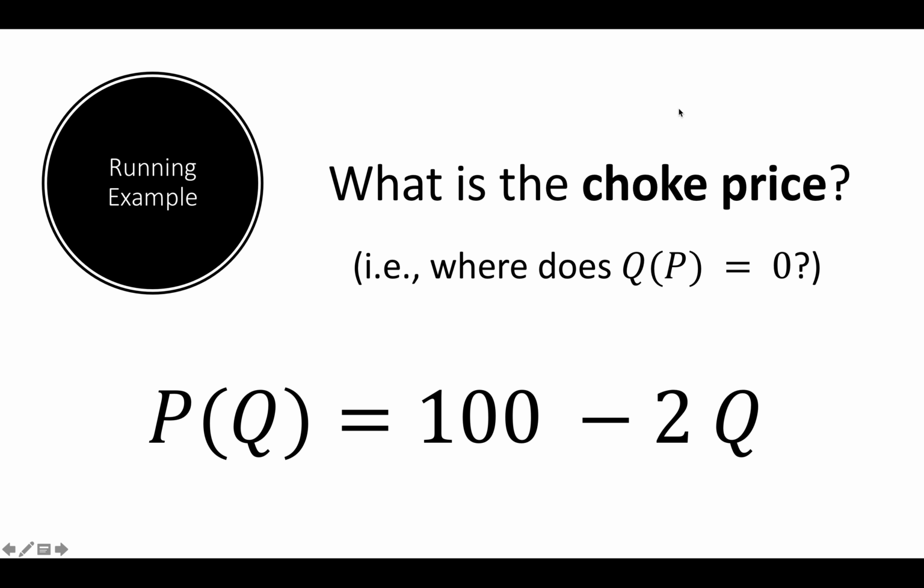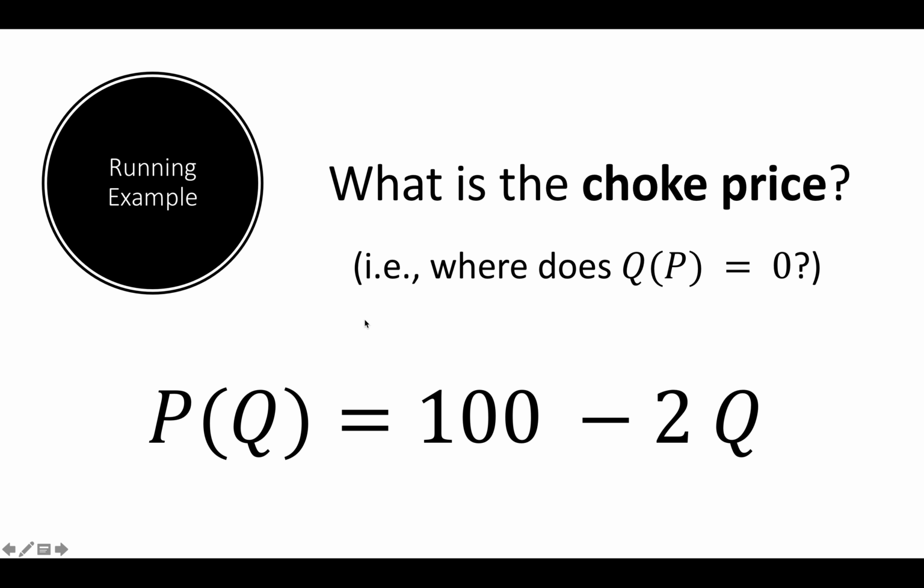This is that magical price that captures the highest value. When you have none of these objects, it quantifies how much you would value getting one of them. If the market price is higher than that value, you would never buy one and you would just stay out of the market. That's why we call it the choke price. It chokes off this consumer from entering the market.